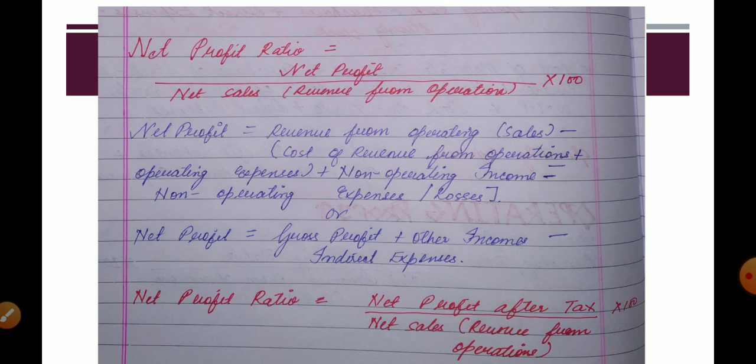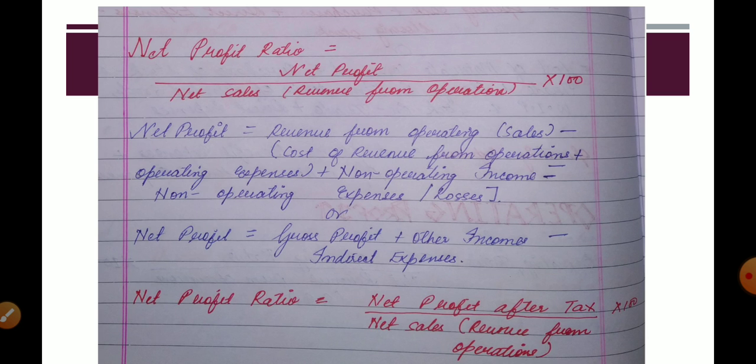Now, net profit ratio. As you know, you have calculated net profit before, and it is quite important to know whether the company is earning good net profit or not. So the net profit ratio is that ratio which establishes the relationship between the profit and net revenue from operation.